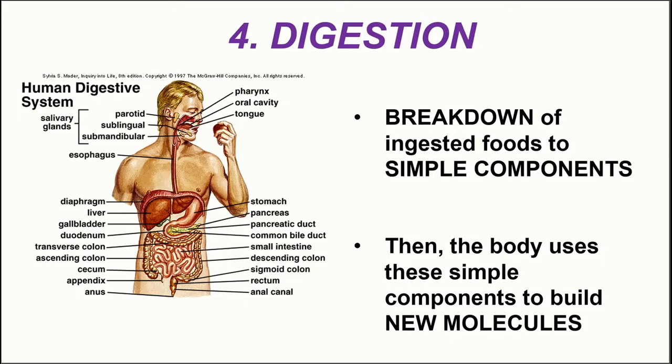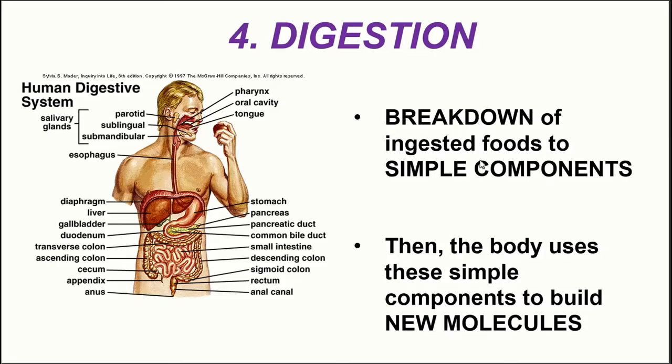So we also have digestion, and digestion is the process of breaking down ingested foods into much simpler components. For example, if we eat a piece of fruit, digestion will break down the carbohydrates and the starches in that fruit into monosaccharides, and the proteins that are in that fruit are going to be broken down into amino acids.